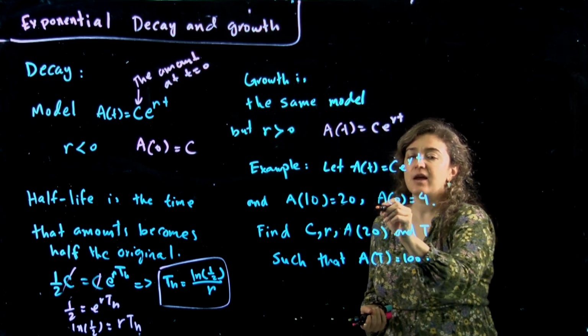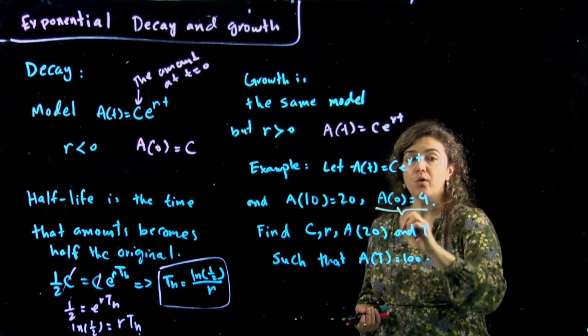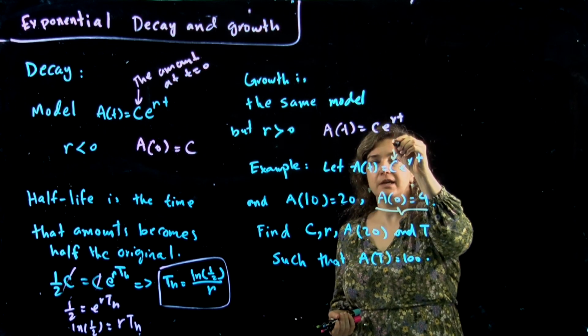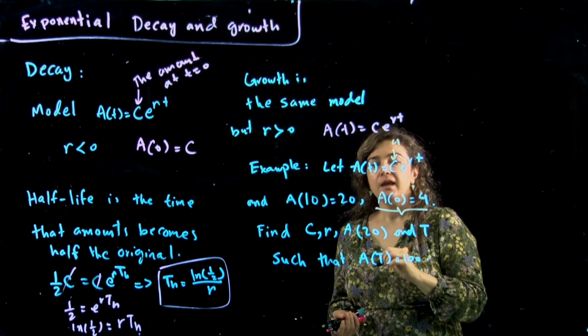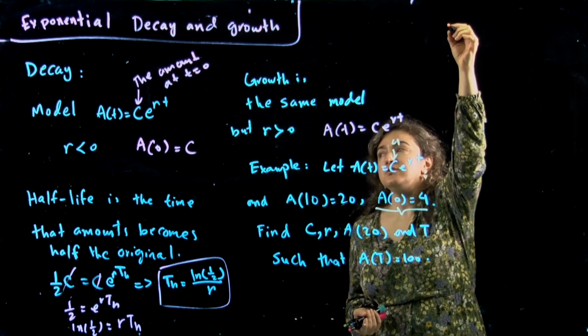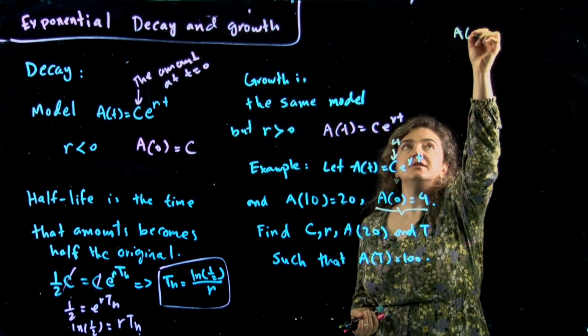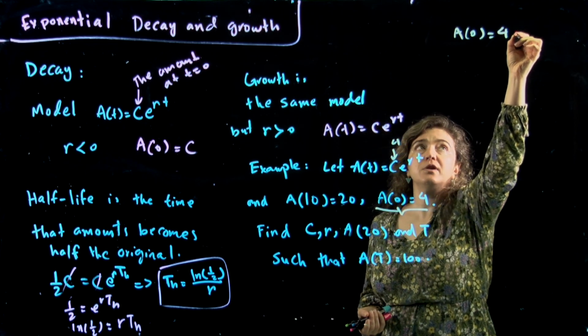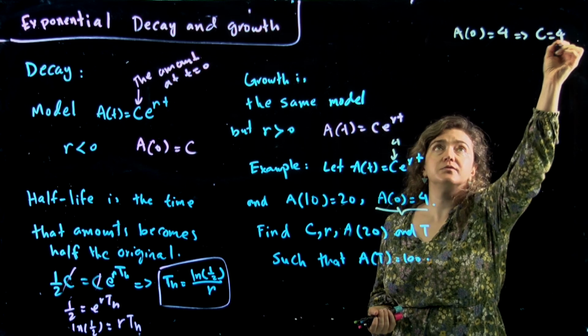First, since I have a of 0 equal to 4, I can replace it right here, and I get 4. So c is easy to find again. a of 0 is equal to 4, therefore c is equal to 4.